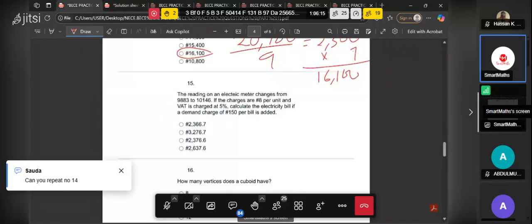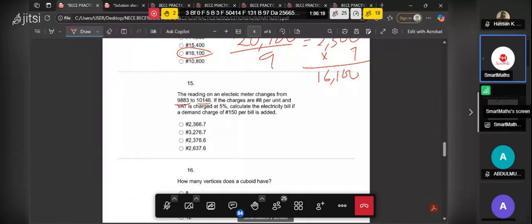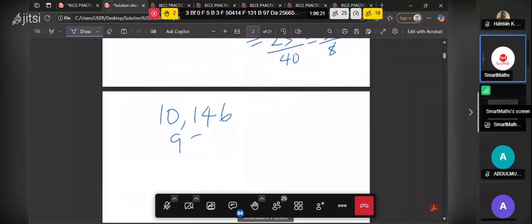10,146 minus, so this is the previous reading, this is the current reading, 9883. We subtract these two. 10,146 minus 9883 gives 263, right?